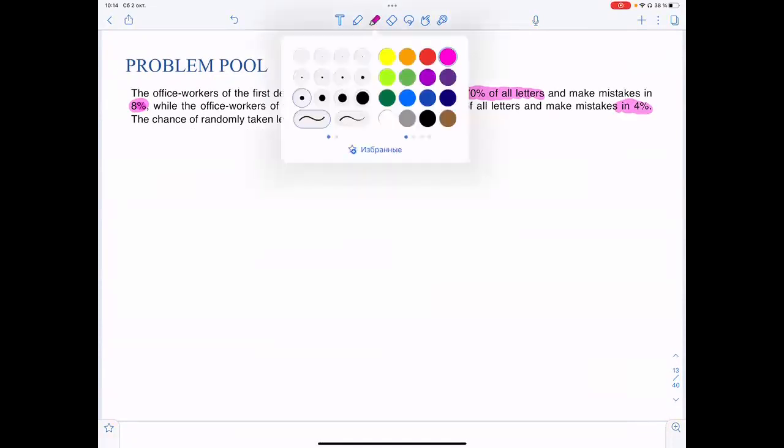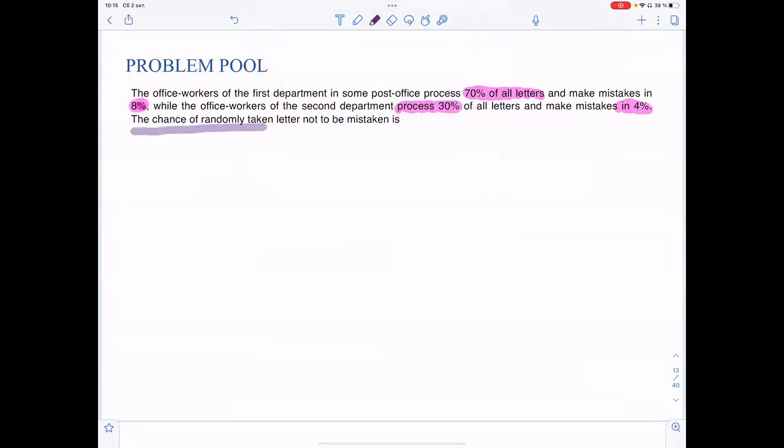Could you please evaluate the probability that a randomly picked letter has no mistake? Well, actually, this is related to the full probability formula. And let me give you half a minute to evaluate this value. And then I'm going to ask you to text that at the Zoom chat.